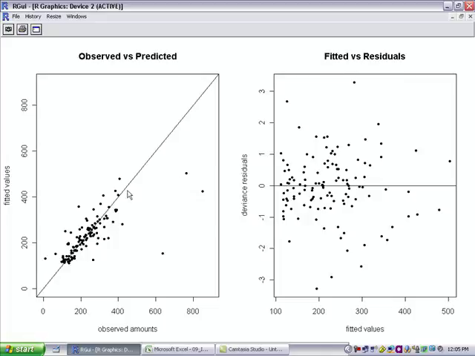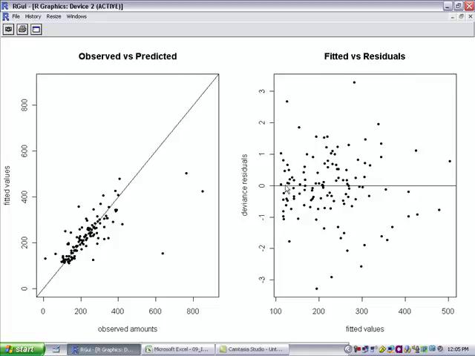And then you can also plot the residuals against the fitted values. And what you're looking for is that these residuals should be really around 0, and you shouldn't see a trend. If you had a trend with a lot of residuals here and coming down there, you probably have a problem with your model, because then the residuals are tilted up for lower values and tilted down for higher values.